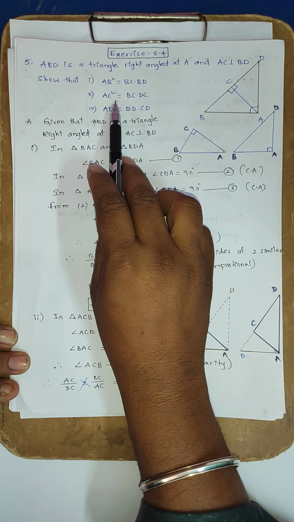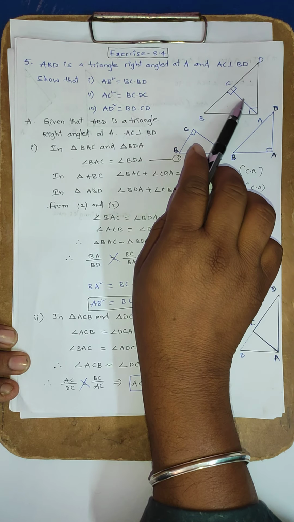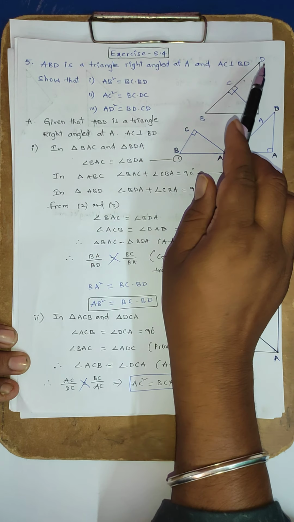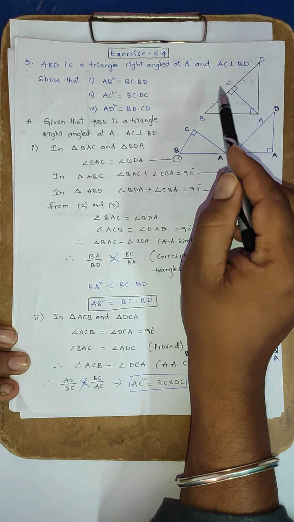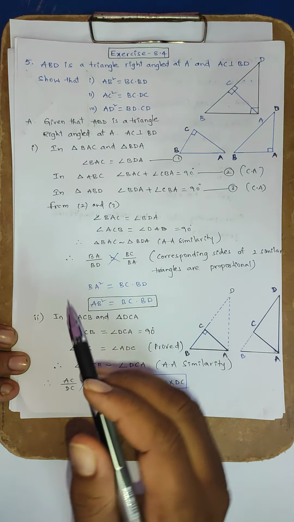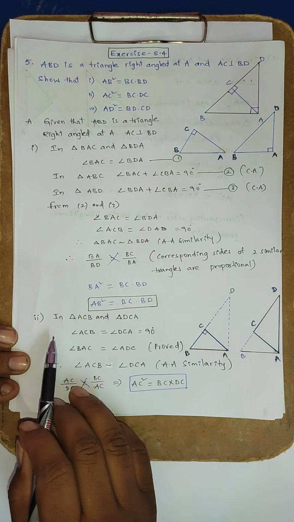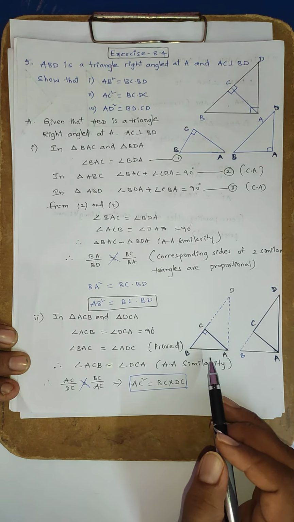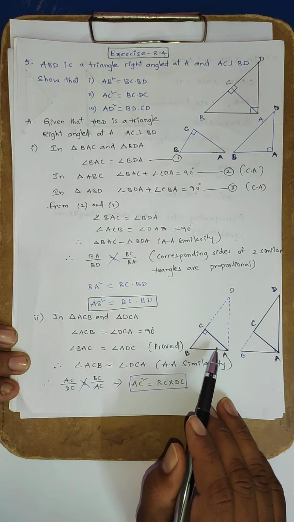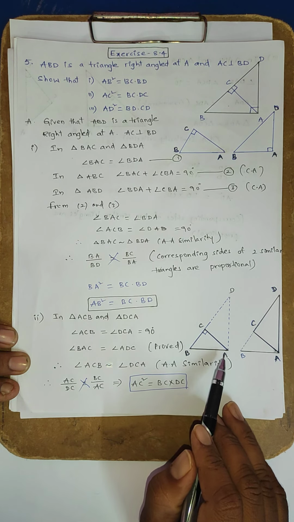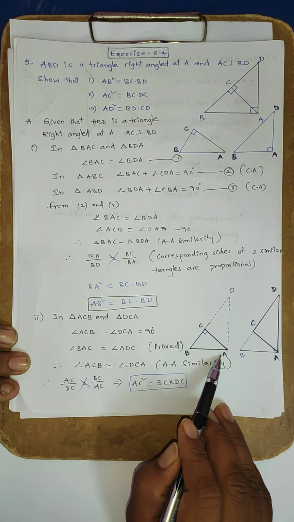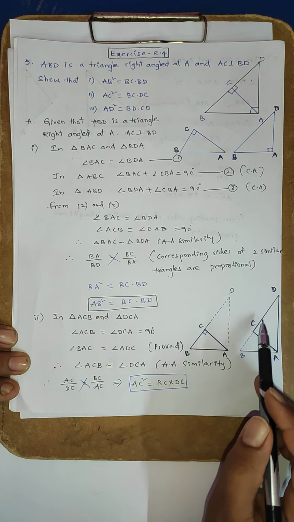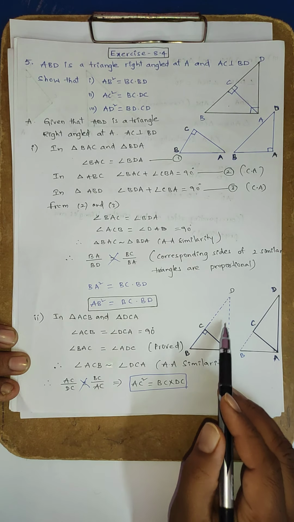Show that AC square, this perpendicular side square, is equal to BC into DC, the product of these two sides. In triangle ACB, for this one I drew two diagrams. Observe the same diagram, where we are concentrating, that part I drew in bold. ACB has a right angle at C, and DCA, the down triangle and up triangle.